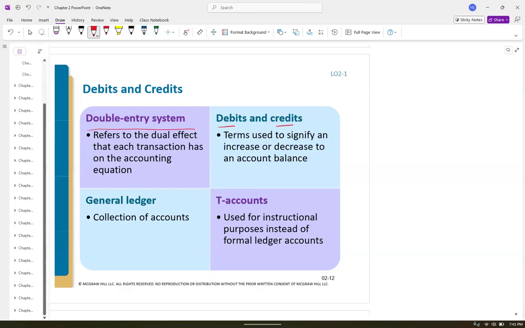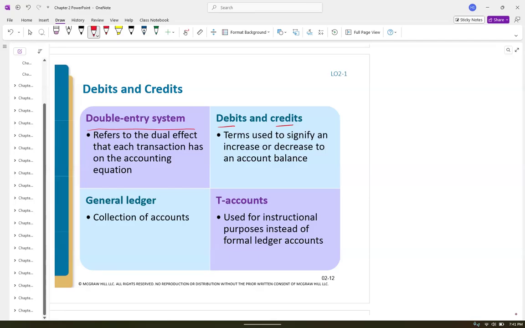We use a lot of T accounts when we're teaching accounting because they're easy to see. They're just a very good tool to understand things. Now, when you get out in the real world, you're going to make those journal entries into a system, and then that system's going to put it wherever it needs to go.